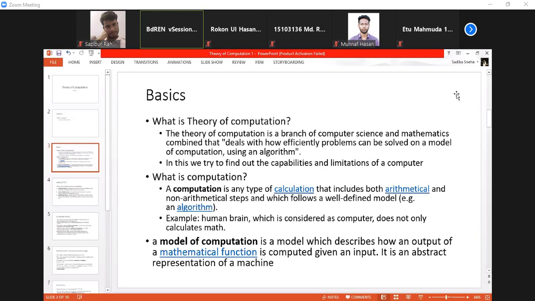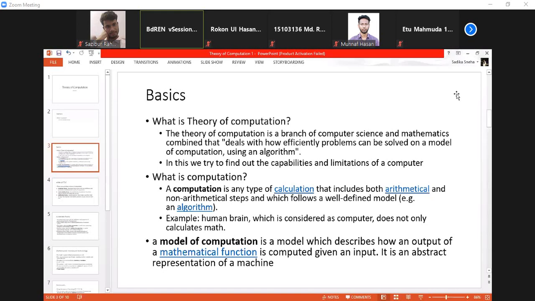So what are these arithmetic and non-arithmetic steps mentioned here? As we discussed in the previous class, arithmetic operations we already know, addition, subtraction and all those things. But computers built nowadays are not confined to performing arithmetic operations, they do other tasks also.